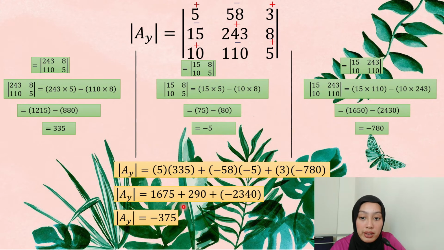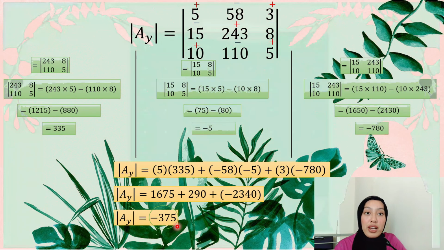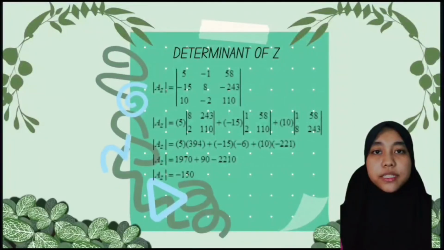So we will have the summation of 1675 plus 290 and plus negative 2240, and it will give us the answer of determinant y, which is negative 375.